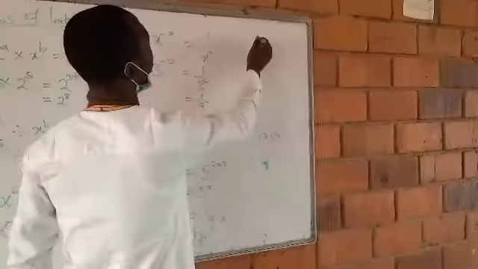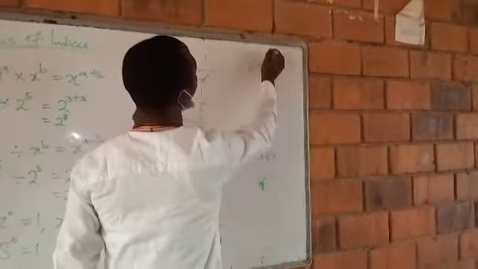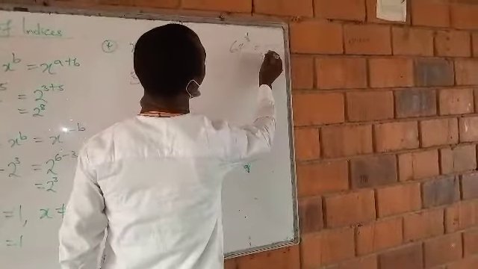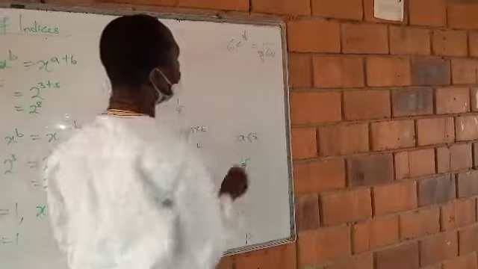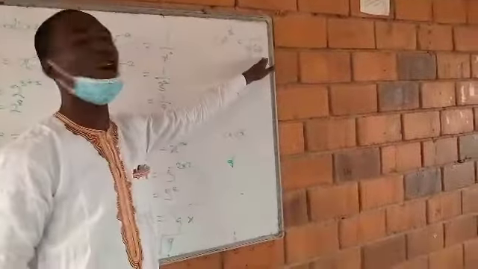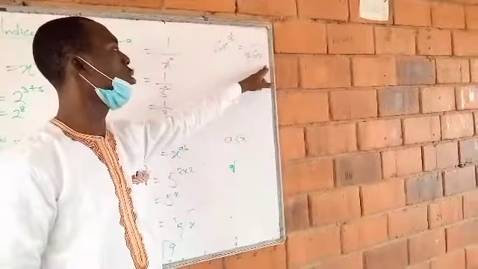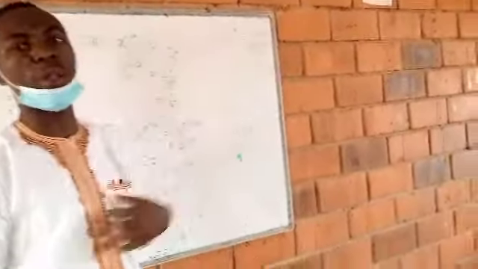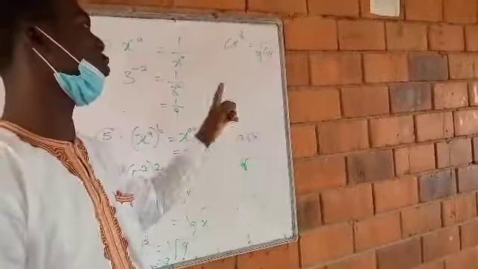If I have 64 raised to power 1 over 3, this one means cube root of 64. And what's the meaning of cube root of 64? It means which number are we going to multiply by itself thrice that will give us 64.